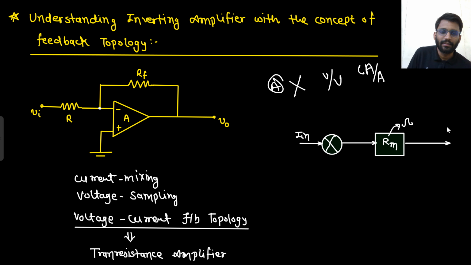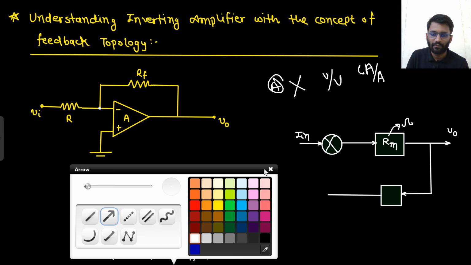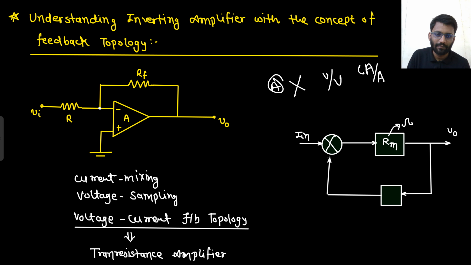This is Rm and this is your V naught. Now it is fed back towards the input side. That will be multiplied with Gm. This is In.